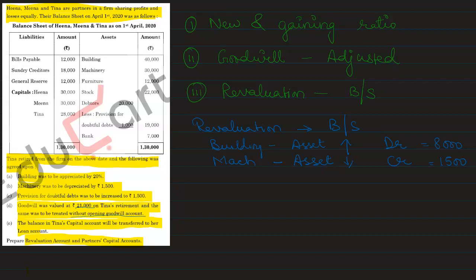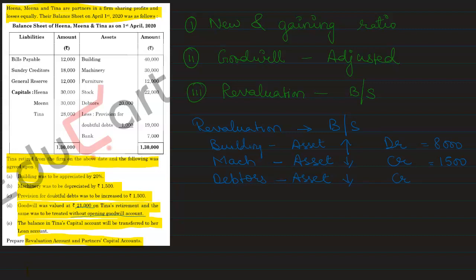Then provision for doubtful debts is to be increased. Now when the provision for doubtful debts will increase, what will be the effect? The debtors, which are again an asset, will decrease, and if debtors decrease, they will be credited.